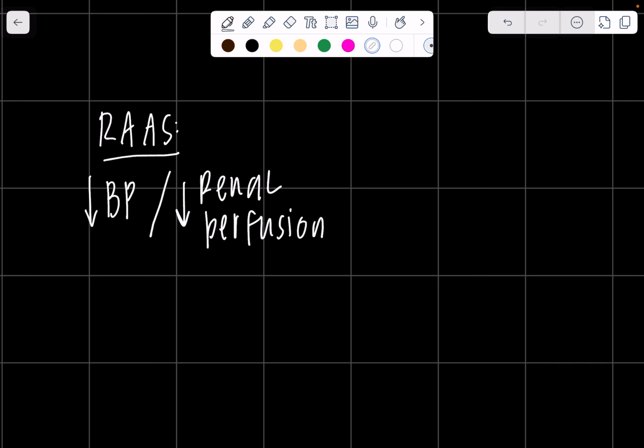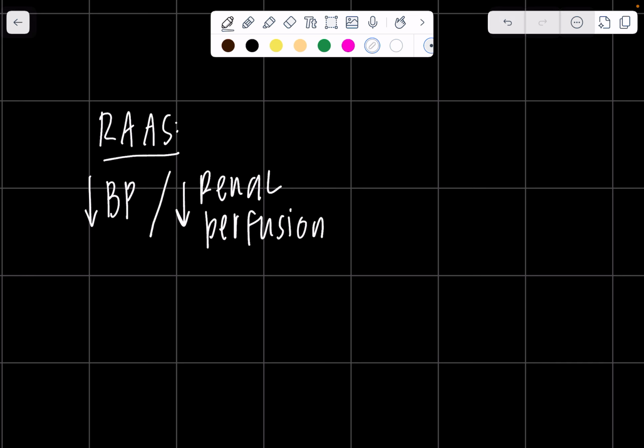So even though our overall blood pressure isn't low, or we aren't physically losing blood, which would cause an actual decrease in blood volume, when not enough blood is going to the kidney, maybe because of a clot, the kidney will still treat that as a low blood pressure, low blood volume issue, and it will activate the RAAS system.